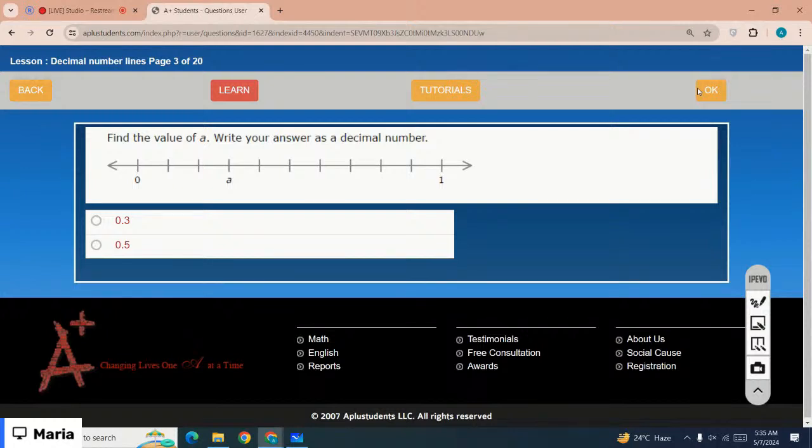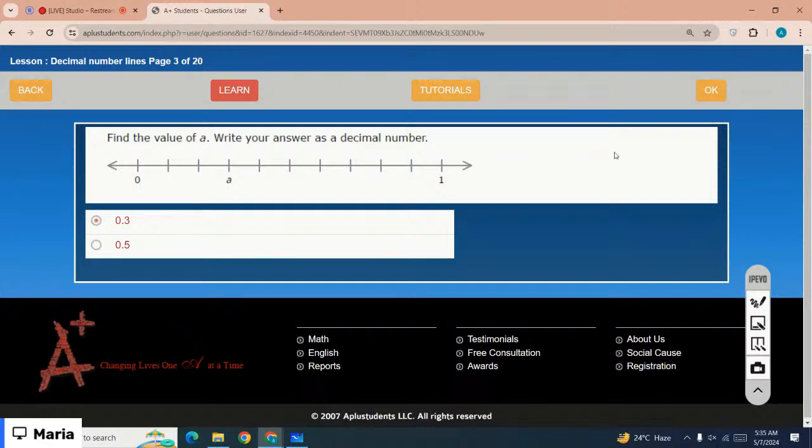Find the value of A. Write your answer as a decimal. Which is the correct option? That is 0.3.